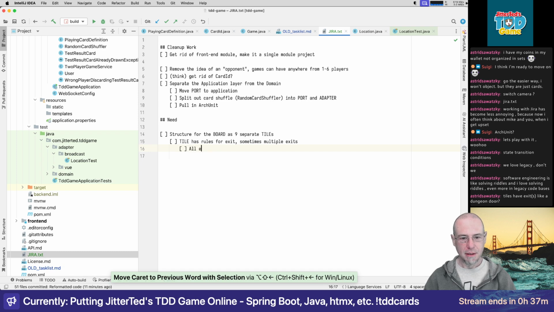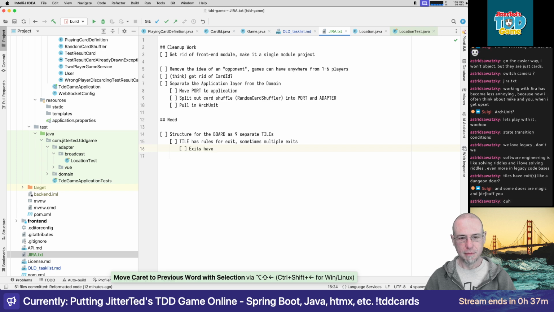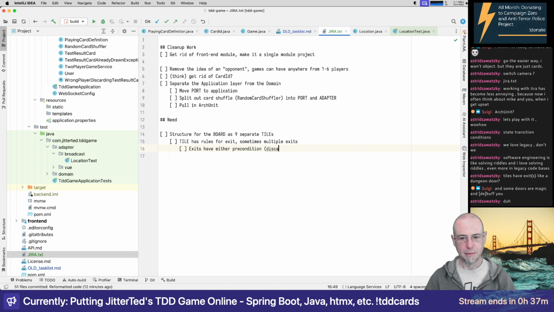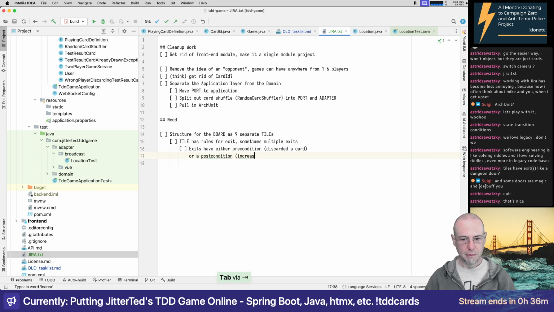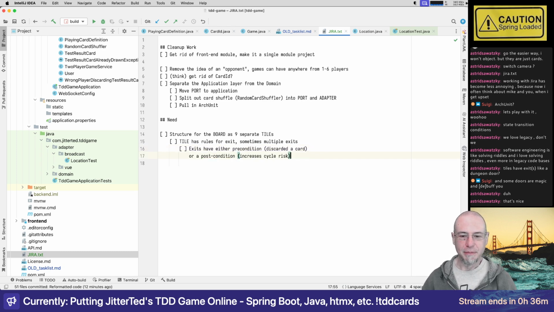So all exits... Why does it think precondition is spelled correctly but not postcondition? Fine, I'll hyphenate it. It's in some match, yes.